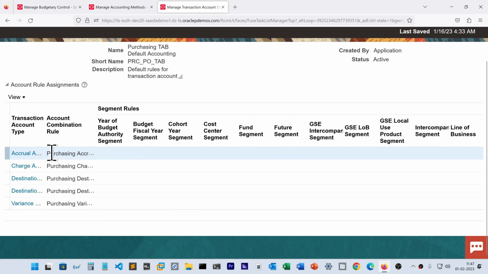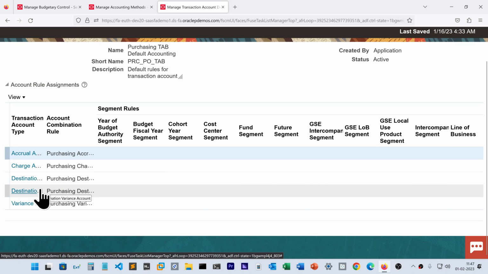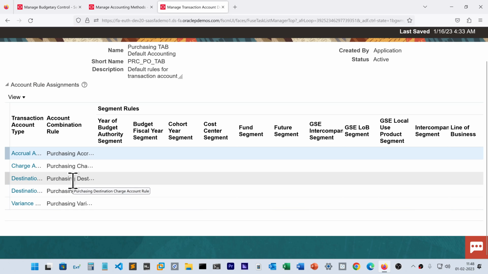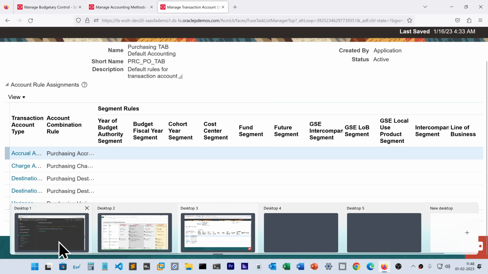So there is accrual account, PO charge account, variance account, and then there is destination charge account, destination variance account for centralized purchasing. So all these accounts, basically you can create an account combination rule and assign here. For all that, you can see the P2P videos on how to do that. This video only focuses on summarization of the journals and an overall logic of how things are defaulted and final accounting is done. Back to our guide.